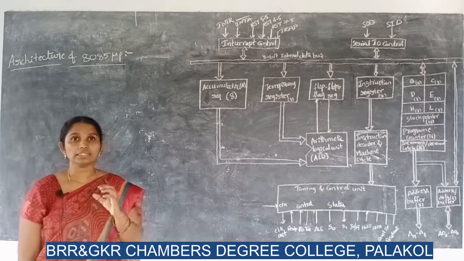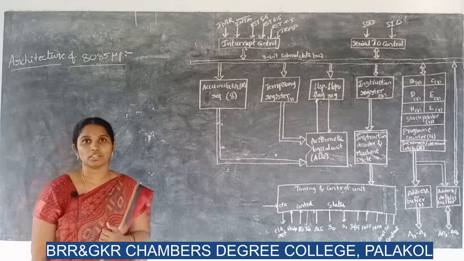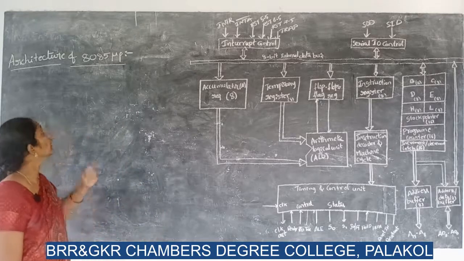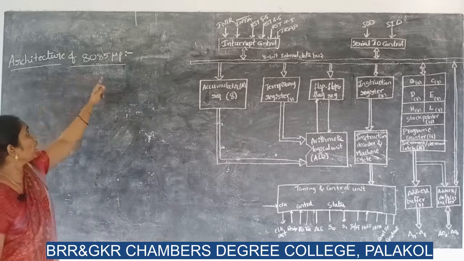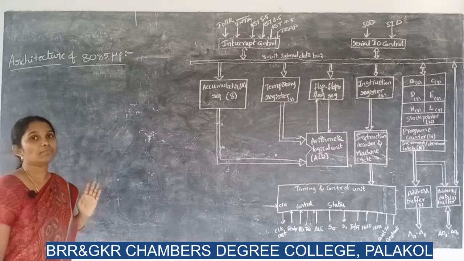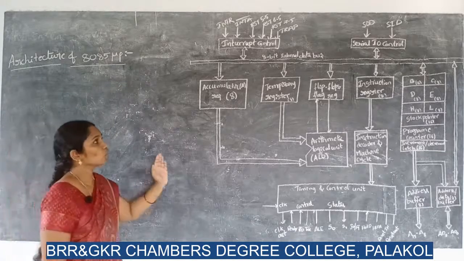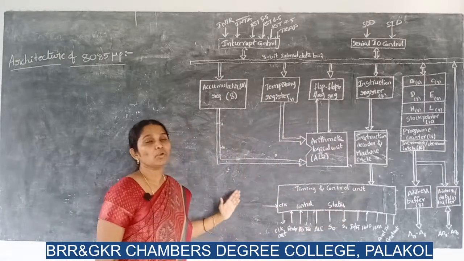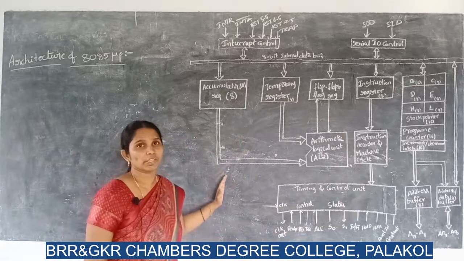All those are covered in the last session, but in this session we have to discuss the architecture of an 8085 microprocessor. Okay, so here this is the architecture of an 8085 microprocessor.